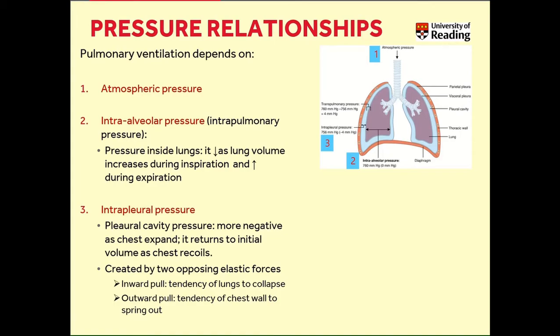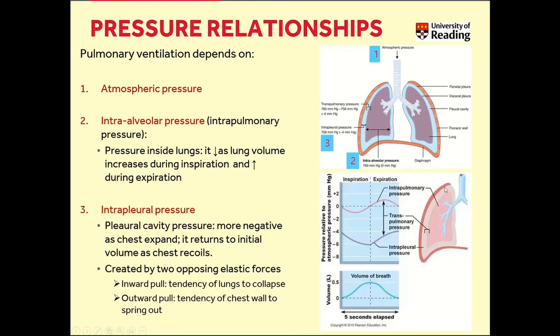It is a pressure created by two opposing elastic forces. One force pulling inward due to the tendency of the lungs to collapse, and one force pulling outward due to the tendency of the chest wall to spring out. This will create the intrapleural pressure.